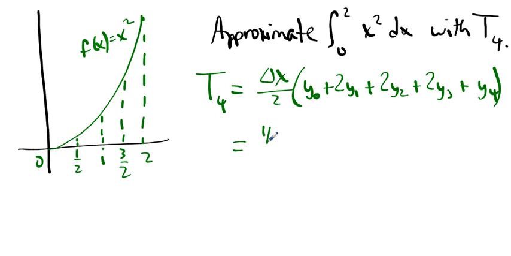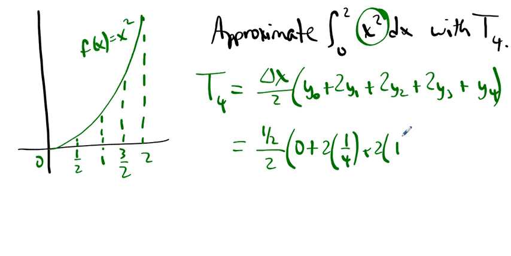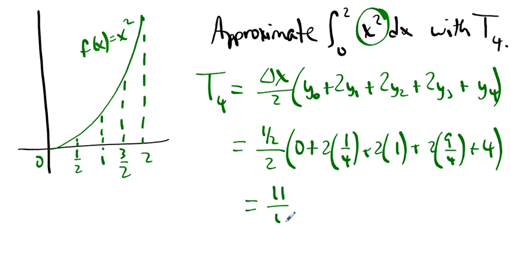Well, the delta x's are all a half, and then the y values are determined by looking at the function. 0 squared, 1 half squared, 1 squared, 3 halves squared, 2 squared. And this turns out to be 11 fourths.